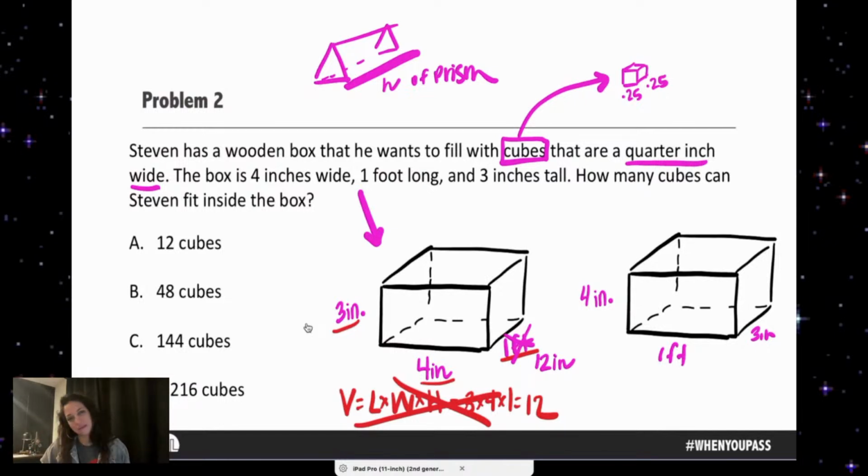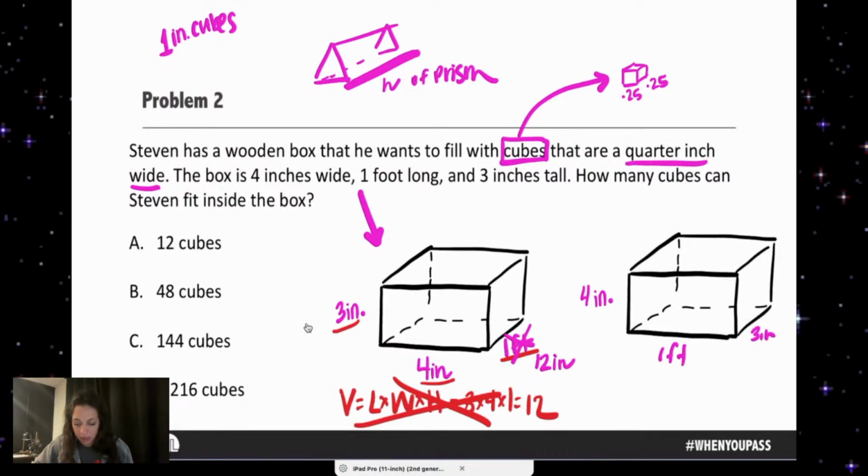That's still not going to be right because the cubes are not 1 inch cubes. If the cubes were 1-inch cubes, then absolutely we would be looking at a rectangular prism that has 3 times 4 times 12, and we would be done. However, the prism is being filled with 1/4-inch cubes.